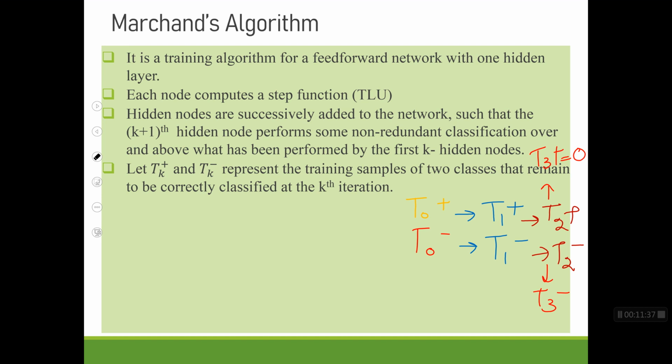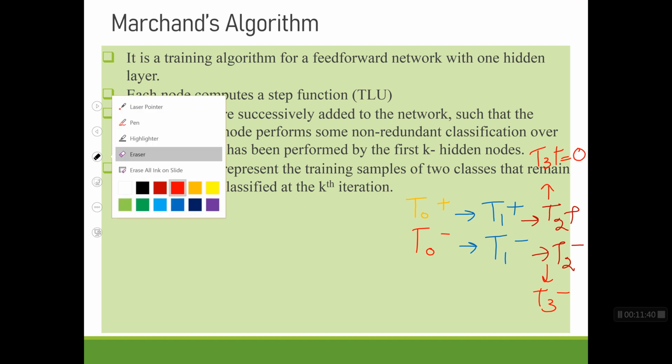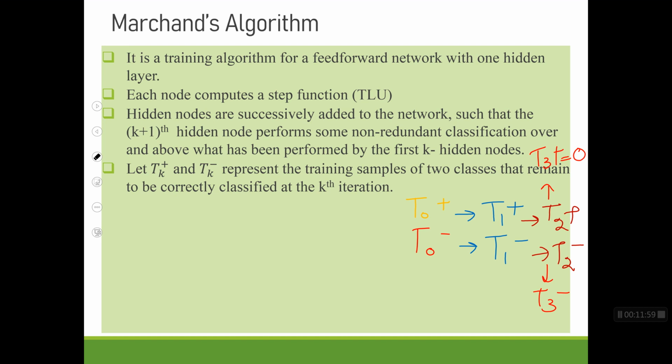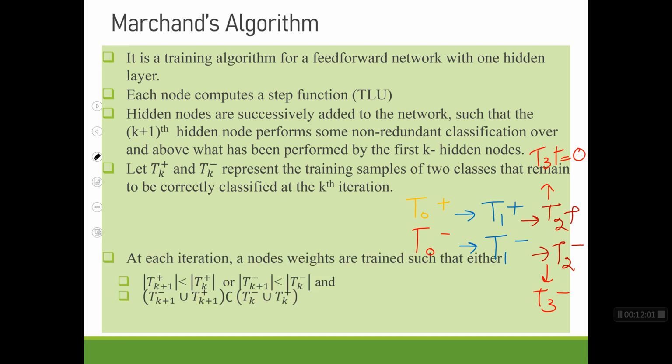Now at every step either T0 plus will change or T0 minus will change. In the first step you cannot change both. Any one of them will get changed in every step. Hence, at the last step finally one of them will become empty.